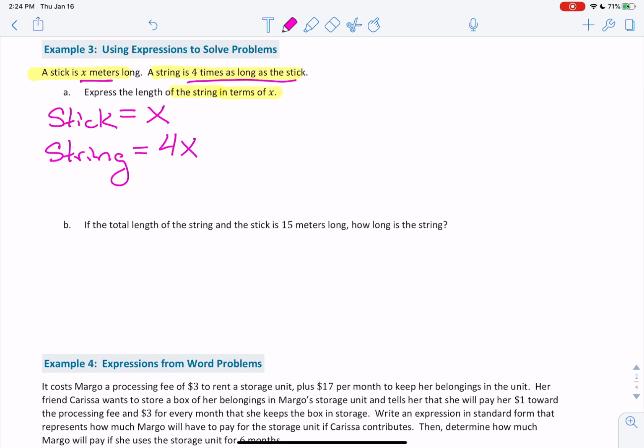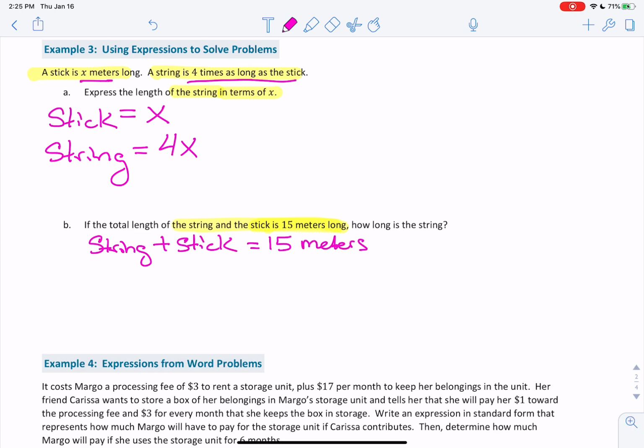Now part B. If the total length of the string and the stick is 15 meters long, how long is the string? So now we have a total, okay, with the string and the stick. So that means the string plus the stick equals 15 meters.